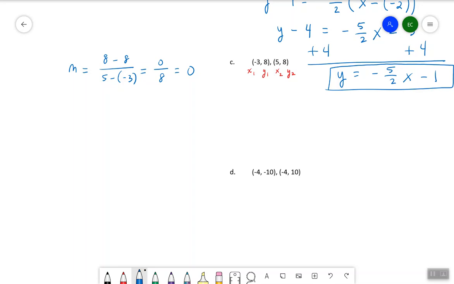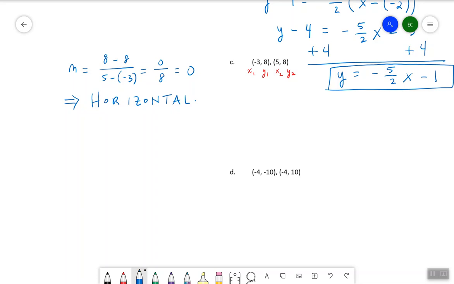So the slope is 0. We should stop right here and say, hey, that's a horizontal line. That's one of those special cases that we talked about in a previous video as well.